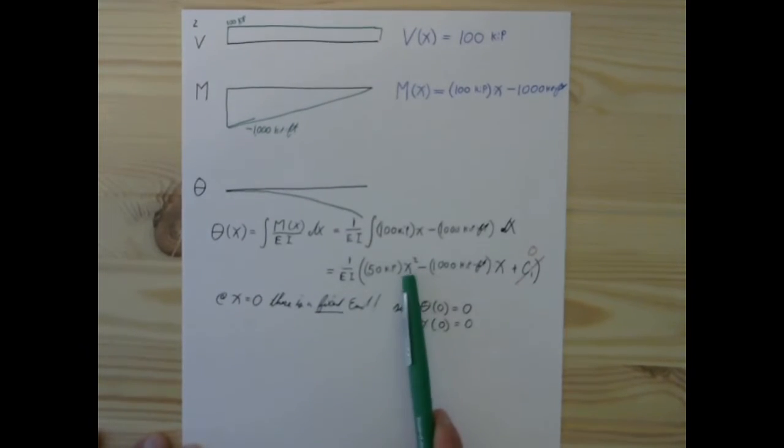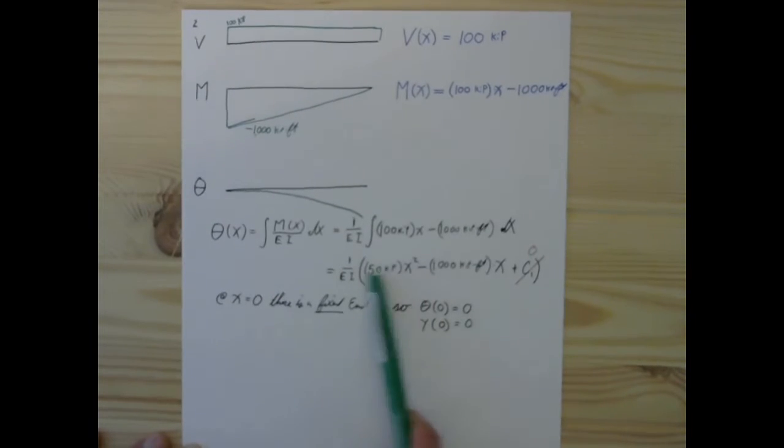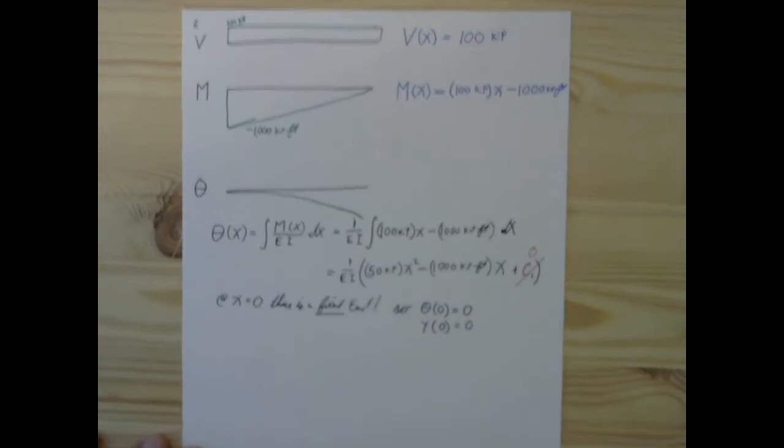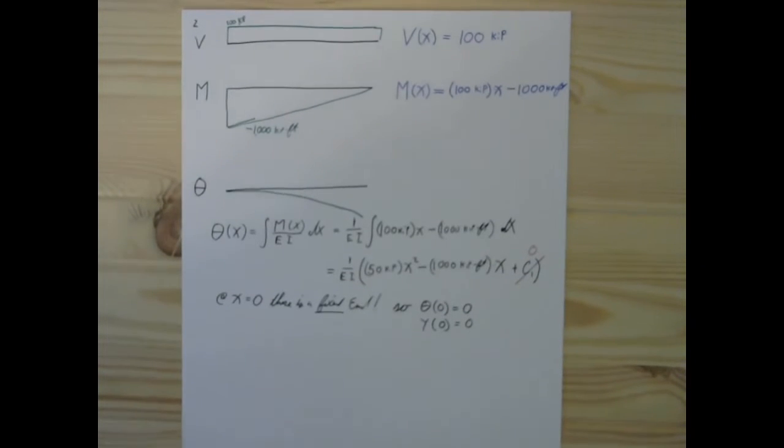Note that x squared, this term is going to be less than this term as we go up because of how small x is compared to 1,000 or 50.